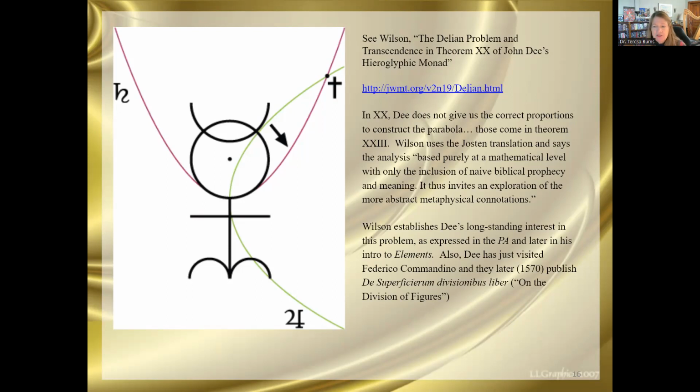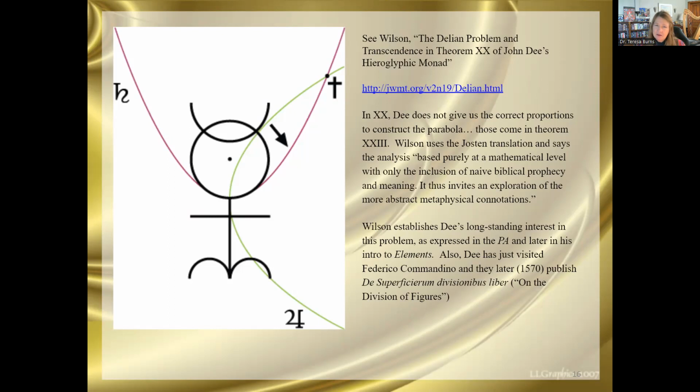Wilson establishes D's longstanding interest in the problem as expressed in the Propaedeumata Aphoristica and later in the Introduction to Euclid's Elements. Now, J.L. Heilbron, who is a very respected history of science person who wrote the introduction to the only translation that exists of the Propaedeumata Aphoristica, points out how interested D is in the doubling of the cube.